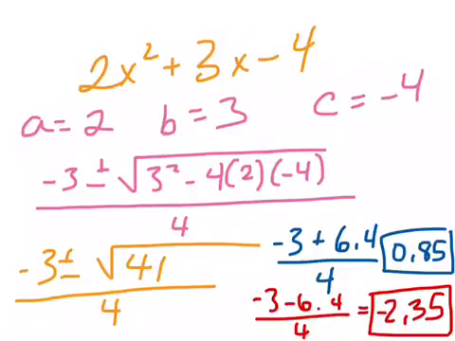A lot of times, especially later on when we're going to be graphing things, the decimal is what we're going to want anyways. Graphing in radical form is a little abstract, so the decimal is going to help there. So this is the first example, and again, this is an example where we get two real numbers. In the next example, we're going to get something a little different. So we're going to look at how we're going to simplify that in the next example.